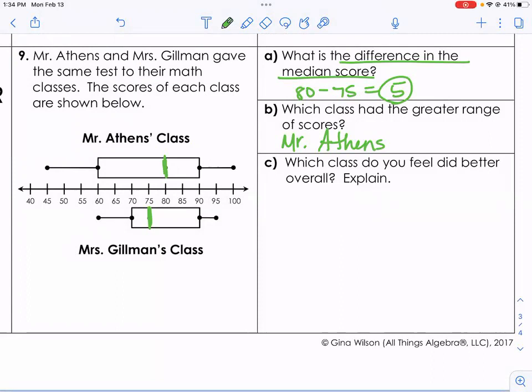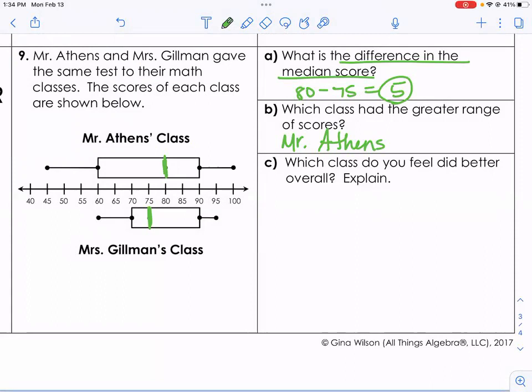Now, who do you think did better overall? Colin, what's your opinion? Mrs. Gilman. Why? Because she has a lower range, and since she has a lower range, the lowest would be 60. Okay, but Mr. Athens had a higher median, so he had more kids score above an 80 than Mrs. Gilman, and he had somebody with a 100.